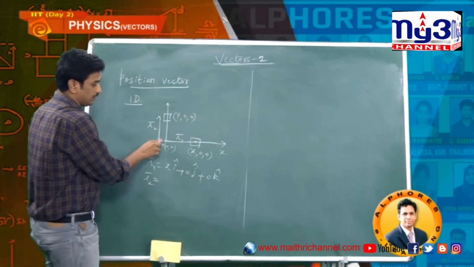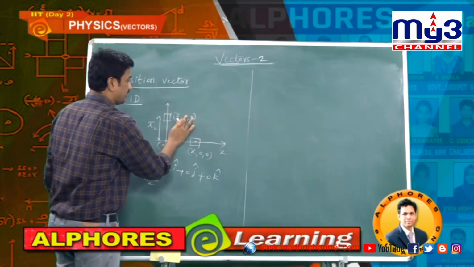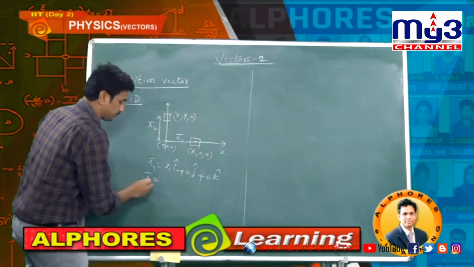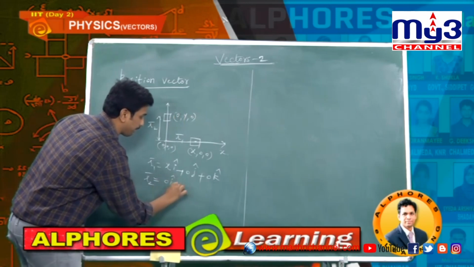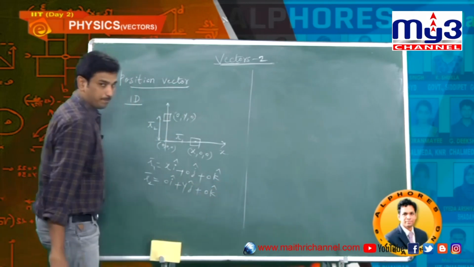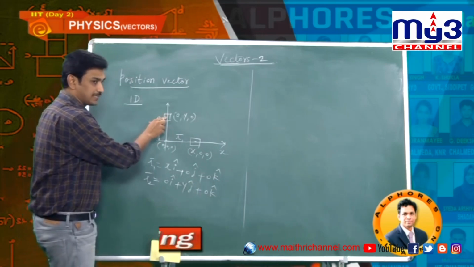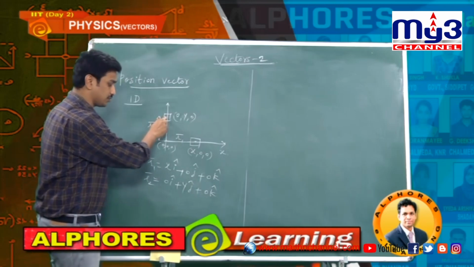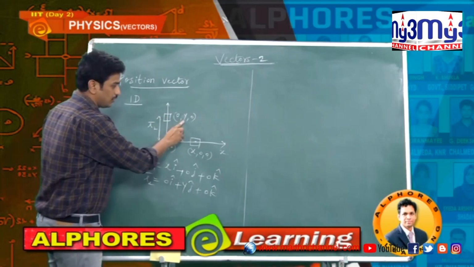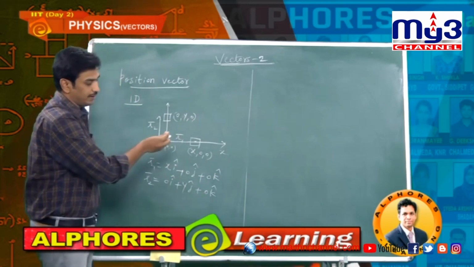Here the y coordinate is y and the x coordinate is 0: 0 i cap, y j cap, 0 k cap. That is the position vector of a body moving along the y axis, 0 i cap plus y j cap plus 0 k cap.